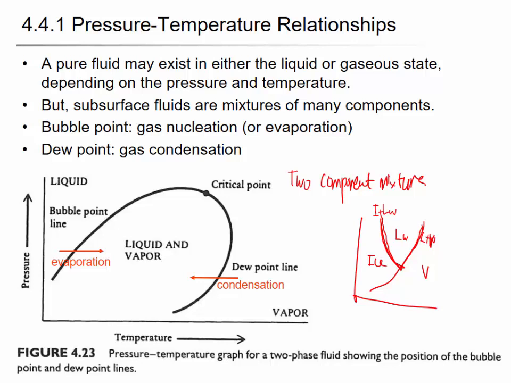Because it's a single component, you have a line. When you have a two-component mixture, then you have an area, a pressure and temperature regime, that can have the liquid and the vapor together. So from here to here, you have evaporation. From here to here, you have condensation. And in this region, you have a phase equilibrium between liquid and vapor together.